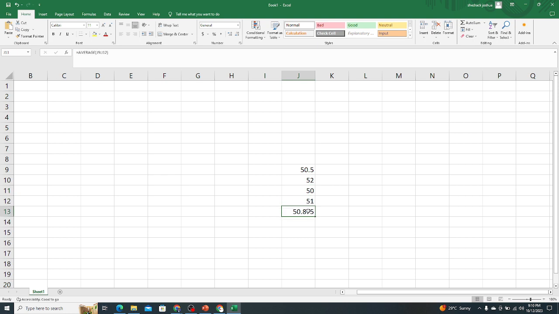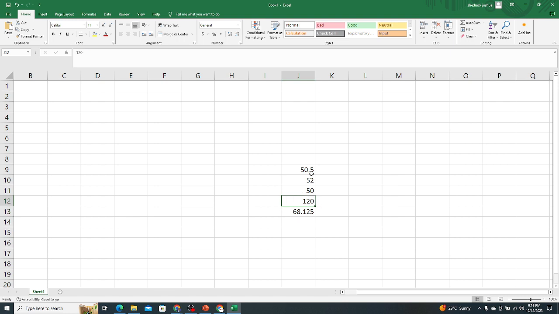What about if we had one of our students having a weight of, let's say, 120 kgs. What will happen to the mean? So you can see the mean has shifted from 50.875 to 68. Why? Because we've injected an outlier.